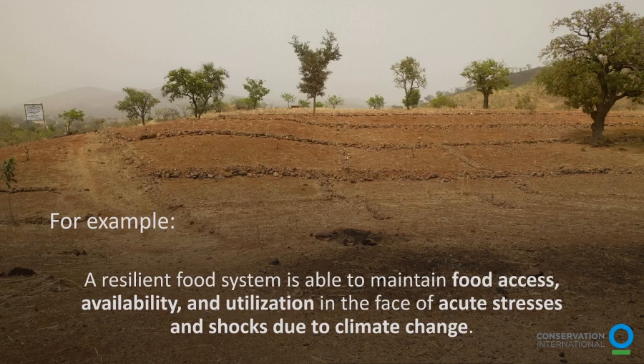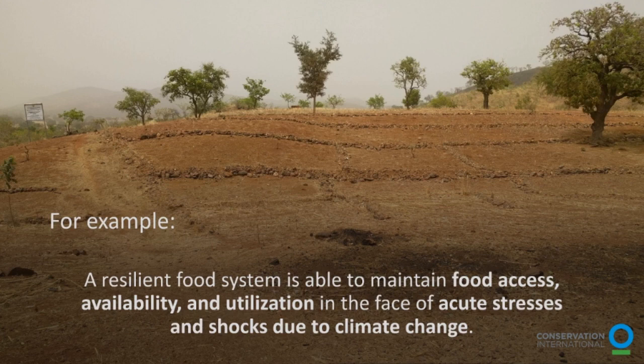So you'll see here that we're very clearly defining what we mean. Resilience of what to what? We're talking about resilience of food security as measured by food access, availability, and utilization in the face of acute stresses and shocks due to climate change. So of course, stressors and shocks like climate change are not the only things that impact food security. There are many other stressors and shocks that can come into play as well and impact food security.